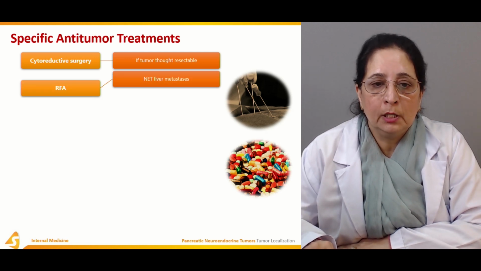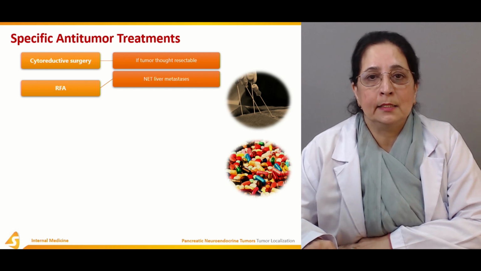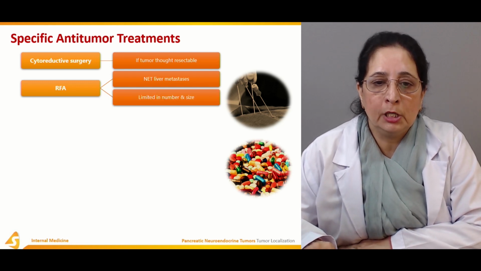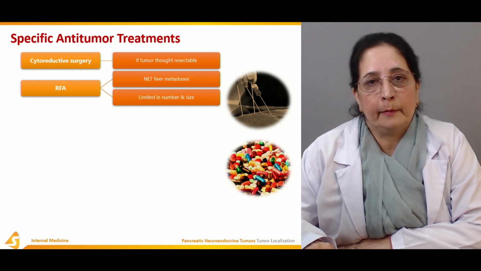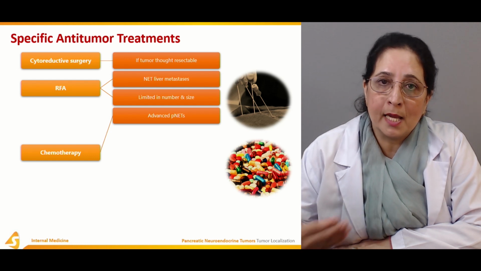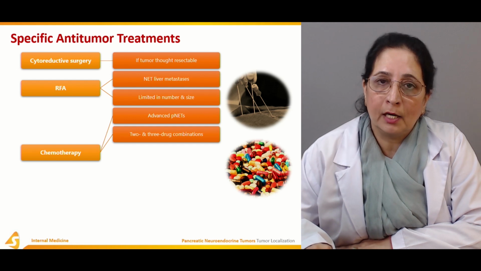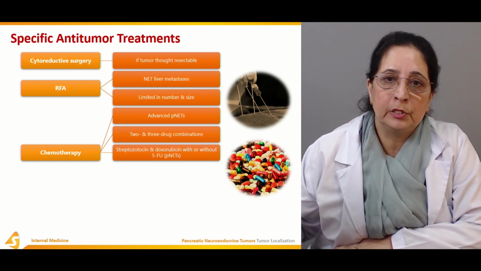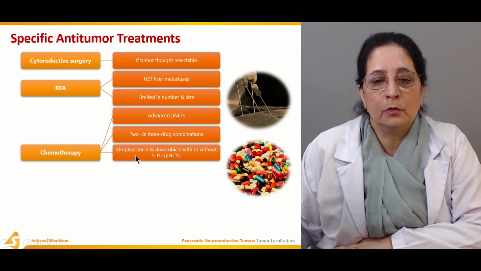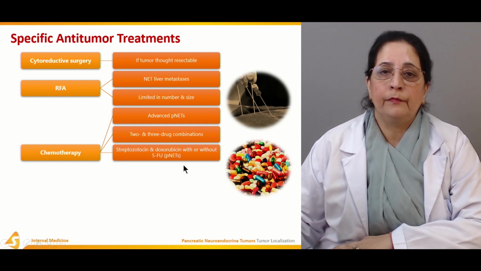Radiofrequency ablation: if neuroendocrine tumor liver metastasis is present, then we can use radiofrequency ablation if it is limited in number and size. Chemotherapy is for advanced neuroendocrine tumors. Two and three drug combinations are used. Usually the combinations are streptozotocin and doxorubicin with or without 5-fluorouracil.